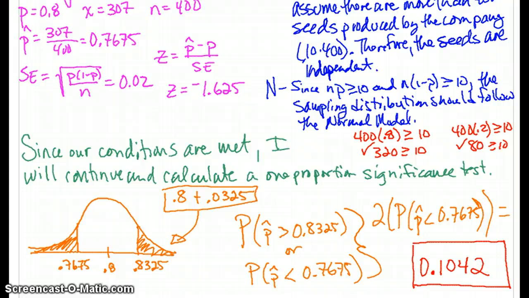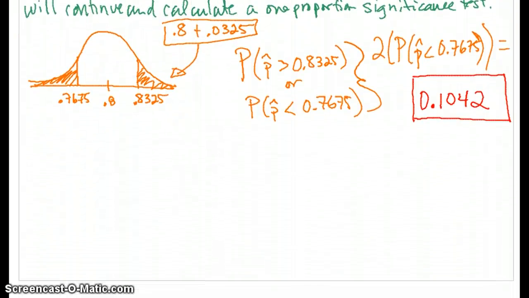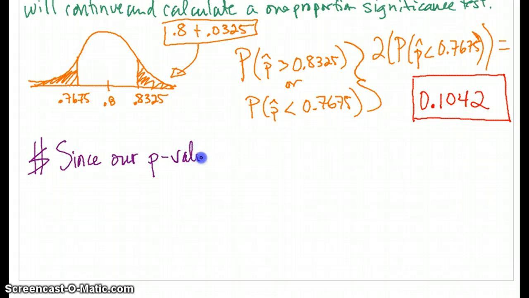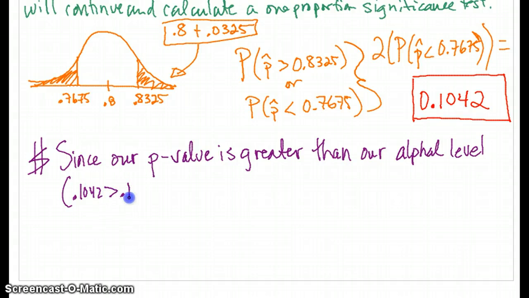Now what do we do with that? We write our conclusion in context. Time for the money statement. Since our p-value is greater than our alpha level, and remember we had 0.1042 is greater than 0.1.